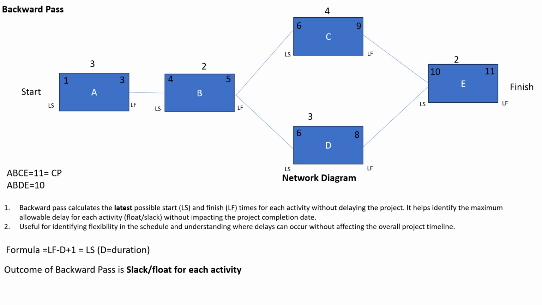So let's see how we can calculate the late start and late finish of each activity during the backward pass. We have to start from the last activity, which in our case is activity E. So we have to find the latest finish and latest start for this activity. Because this has to finish on day 11, the late finish has to be 11.